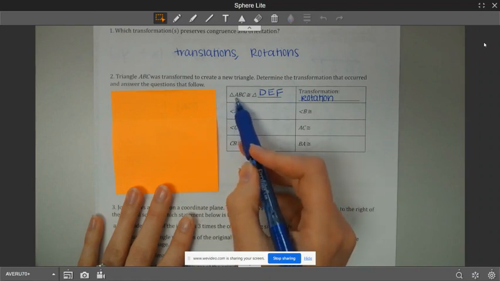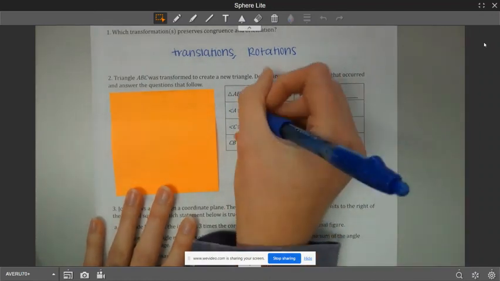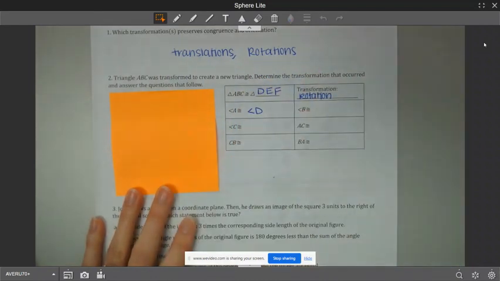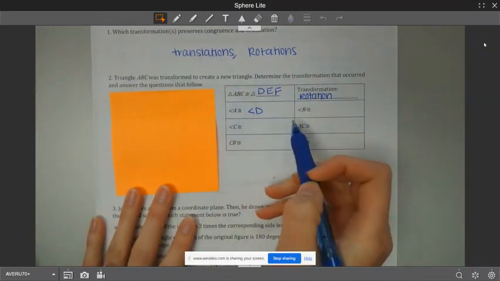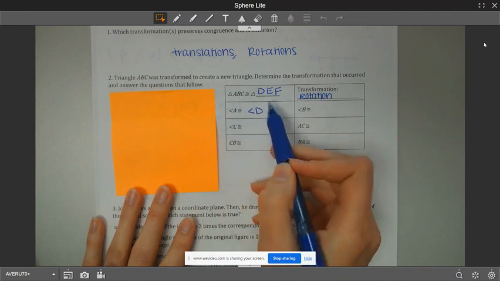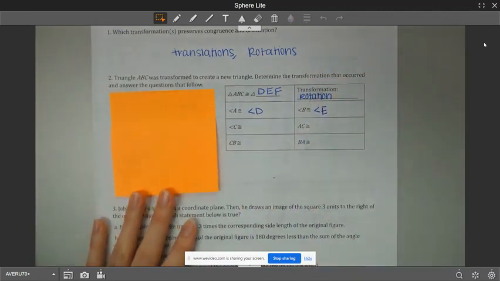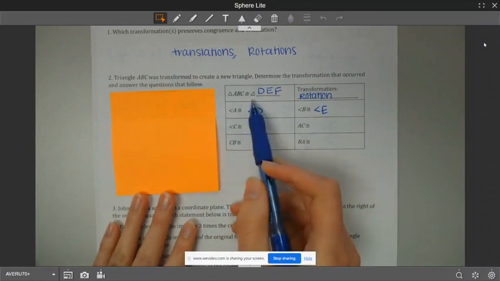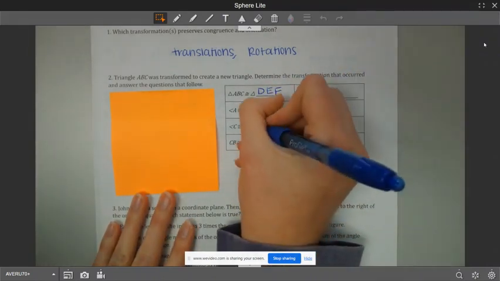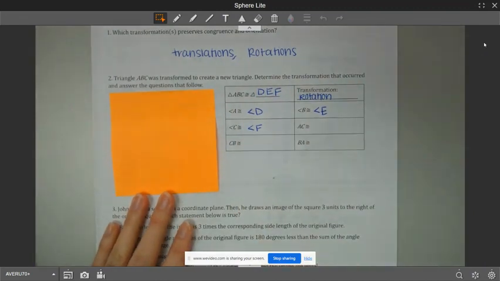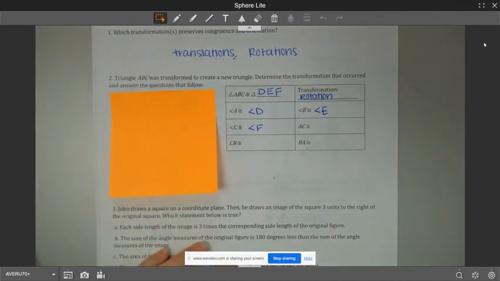Well, A comes first in the list of letters. D comes first. So angle A is congruent to angle D. Angle B is congruent to what? Angle B comes second. It is congruent to whatever comes second on the next side, which is E. Angle C is last. It matches up with what's last, which is F. So angle C is congruent to angle F.